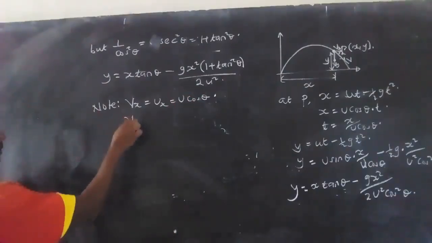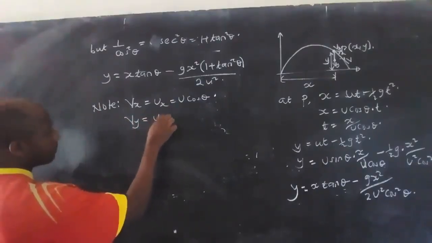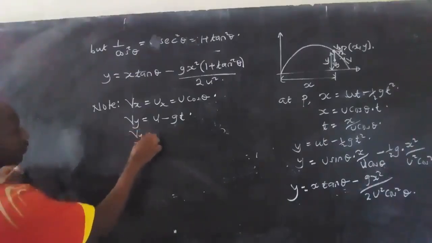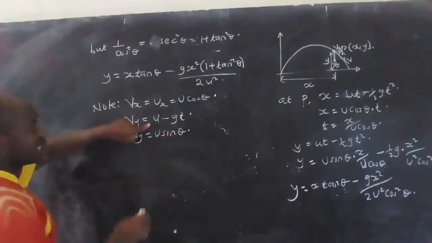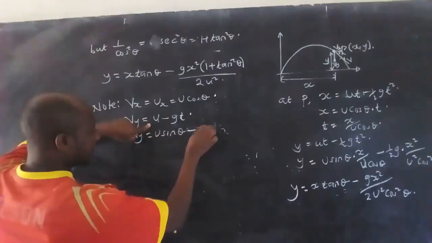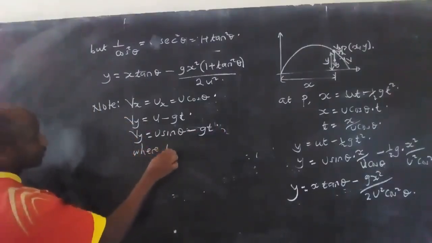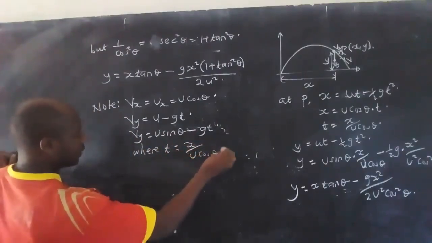Then our Vy is same as u minus gt, which is vertical motion, so this is u sin theta minus gt, where we've seen that our time is equal to x over u cos theta.